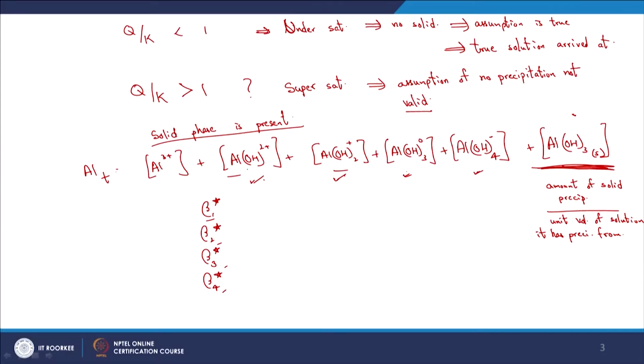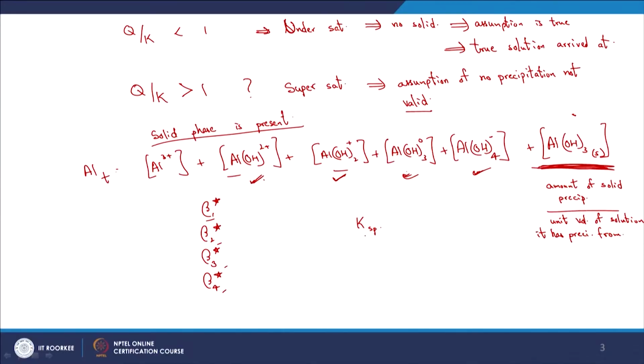So you can use these coefficients to express these 4 complexes in terms of Al3+. But how can you express this Al(OH)3 solid? For that you are going to need an additional equation. That is going to be an unknown, but obviously if you have an additional unknown you need an additional equation, right? So how can you get this additional equation?